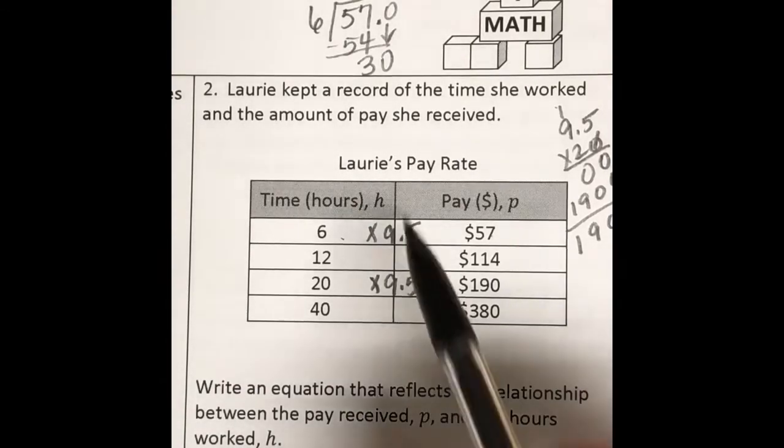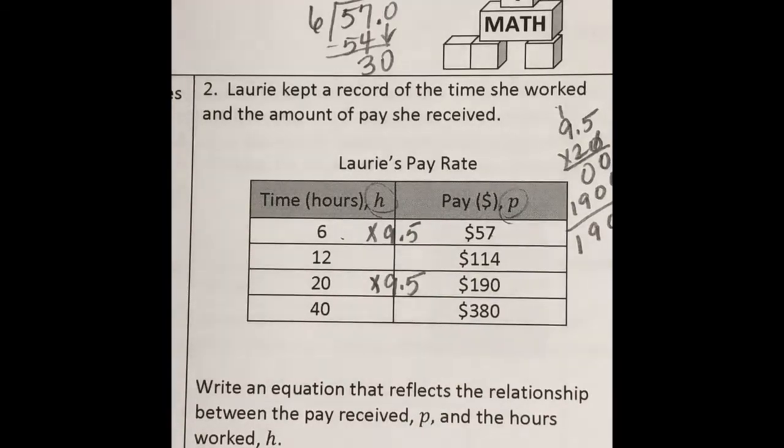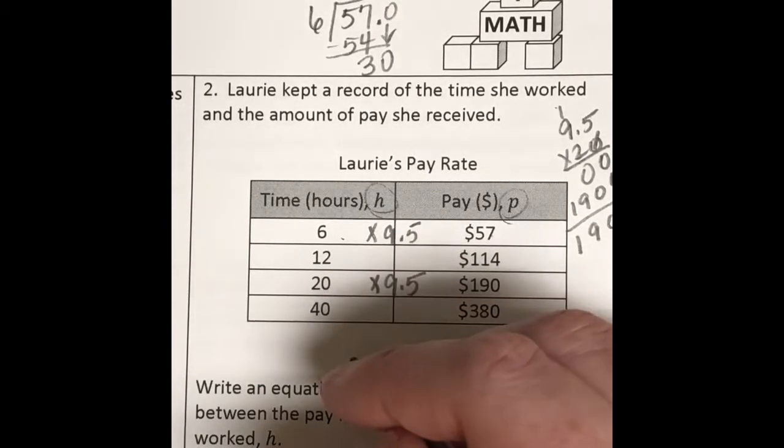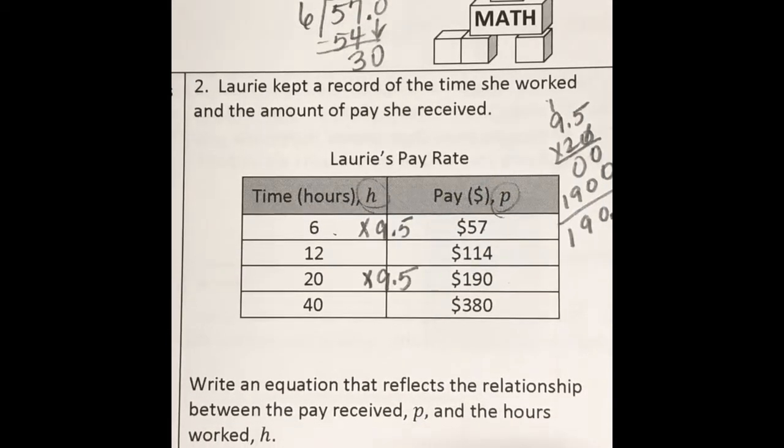It's asking you to use H and P, and the same formula. So you would say we are doing $9.50 times the hours to equal the person's pay.